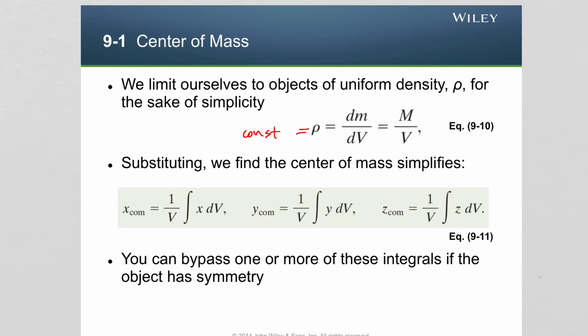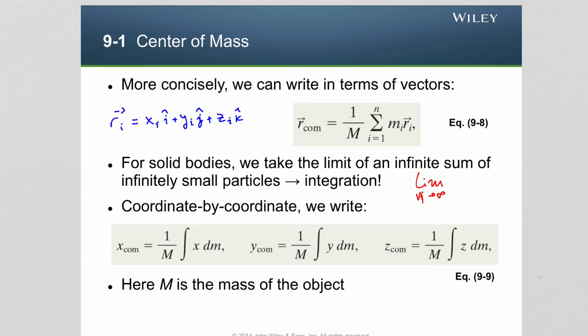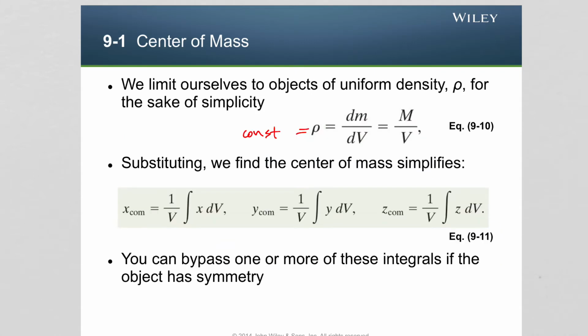And then the integrals that I discussed here can be rewritten in terms of volume elements. And so the coordinates of the center of mass of a 3-dimensional object with constant density are calculated with those 3 integrals.